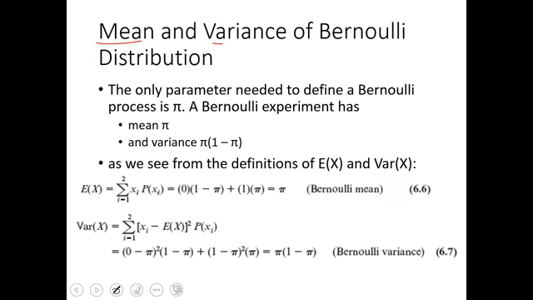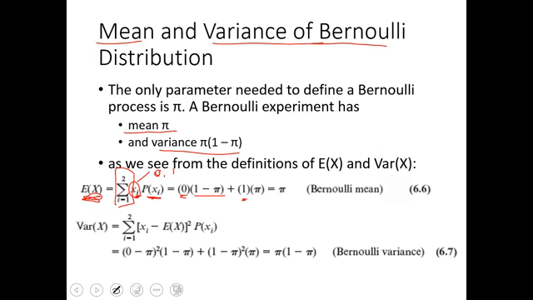The mean and variance of the Bernoulli distribution are very simple. The mean is pi and the variance is pi times 1 minus pi. Because the mean is the sum of xi times the probability of xi. Here xi has two possible values, 0 and 1.